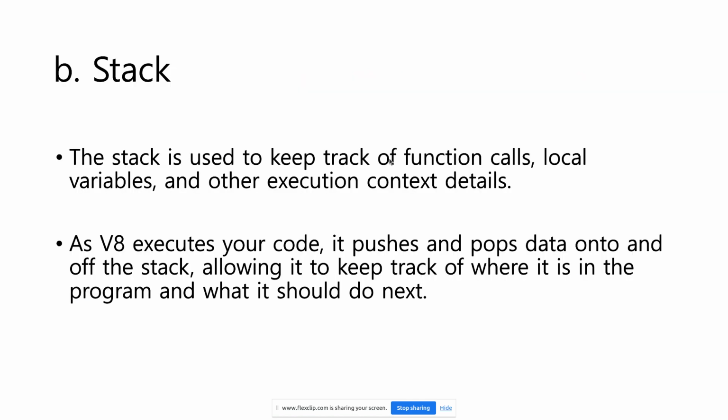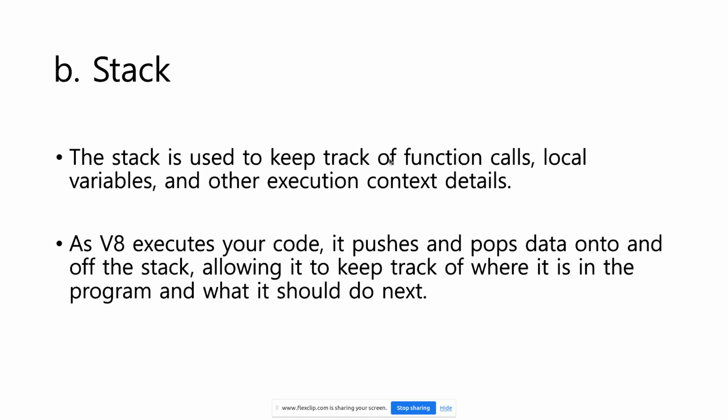The stack keeps track of function calls, local variables, and other execution context details. This is also a correction to my mistake before, when I said only primitive data types are stored in the stack. That's kind of true, but not entirely. Function calls are also stored in the stack, local variables are also stored in the stack, and execution context is also stored in the stack.